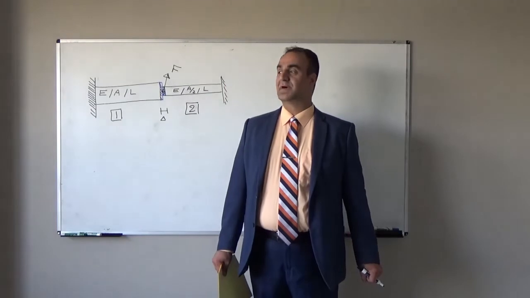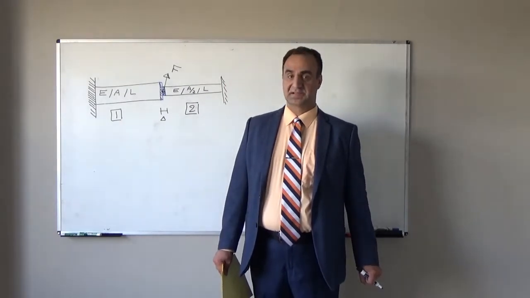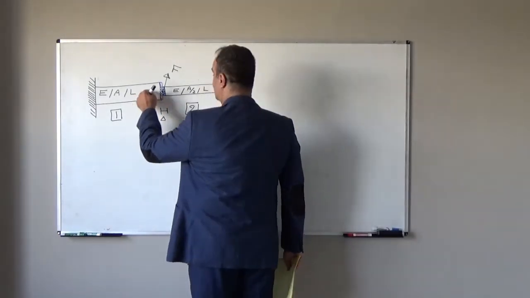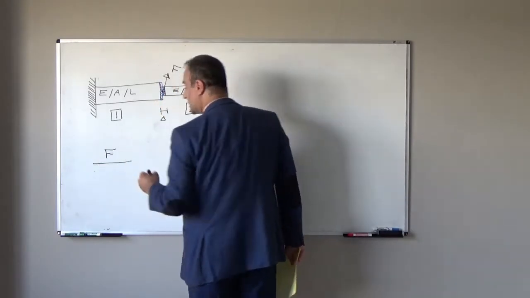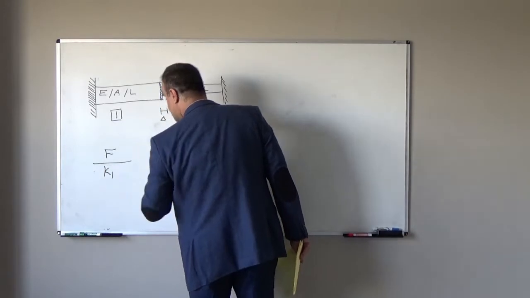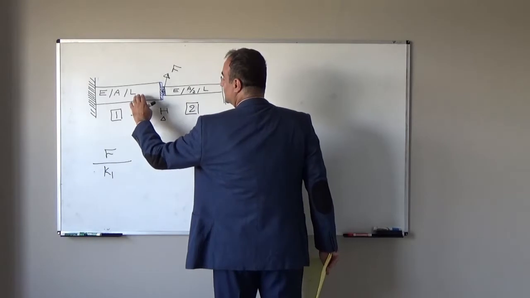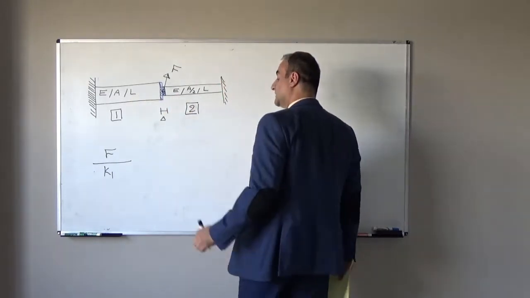In order to find the magnitude of F, we should look at the behavior of this structure. This force F is effective to rod 1 and rod 2. If I apply force to rod 1, force divided by stiffness of rod 1, we will have elongation in rod 1. We will find the magnitude of deformation in rod 1.